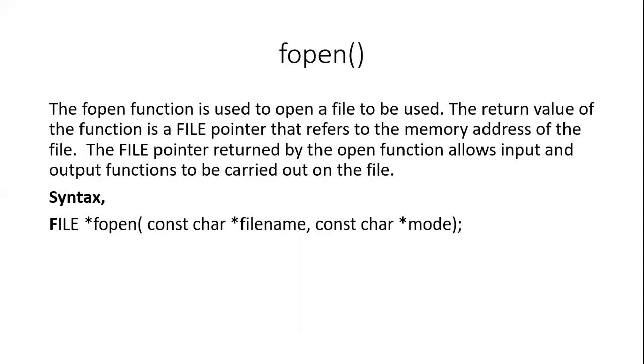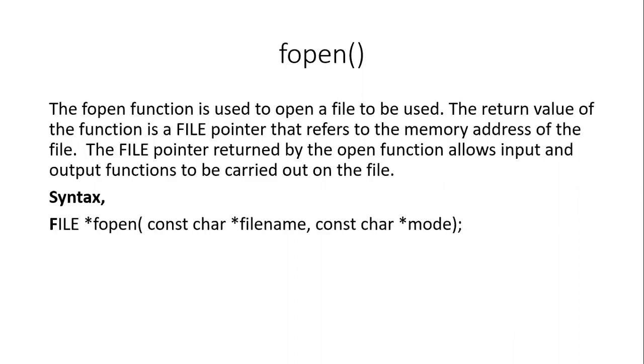Some of the reasons are less memory available, the file may not exist, or the file is currently in use by some other program or the user. If the file is successfully opened, it returns the pointer to that file, and if the file does not successfully open, then it returns the null value.